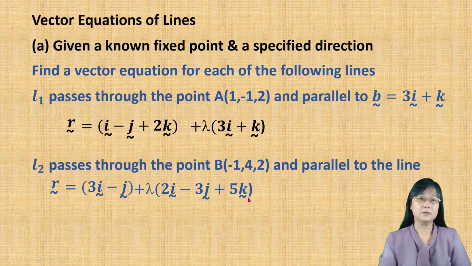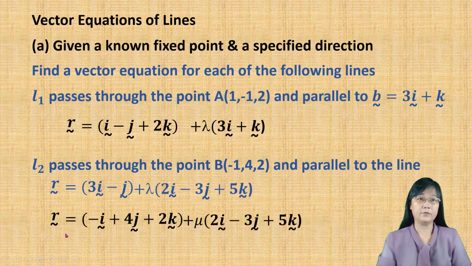Since these two lines are parallel, we can use the same direction vector. Therefore, the vector equation of L2 is the position vector of point B and the direction vector which is parallel to the straight line.